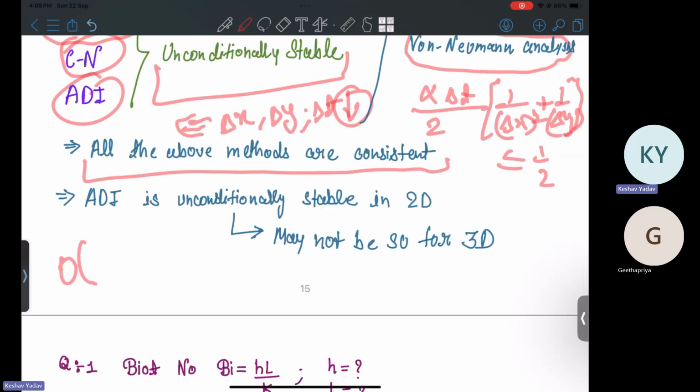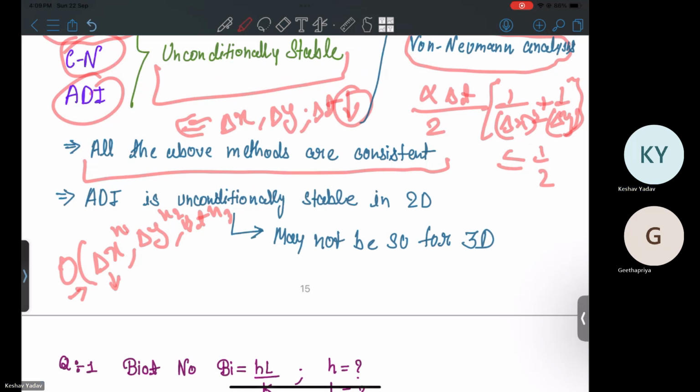So all these schemes are consistent. By doing the Taylor series analysis, you can find the order of truncation error, delta x, delta y, and delta t to the power n1, n2, n3. These n1, n2, n3 will always be positive, which means that if you decrease the step sizes, the error will decrease.